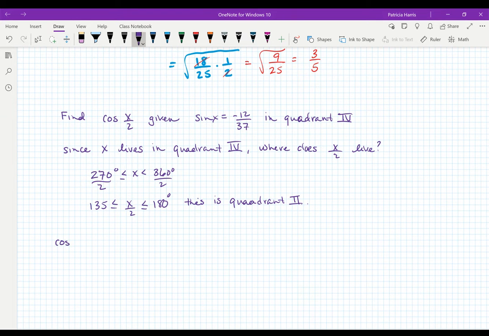Okay, so cosine of x over 2 is equal to positive or negative the square root of 1 plus cosine of x all over 2. We are in quadrant 2, which means cosine of x over 2 will be negative.